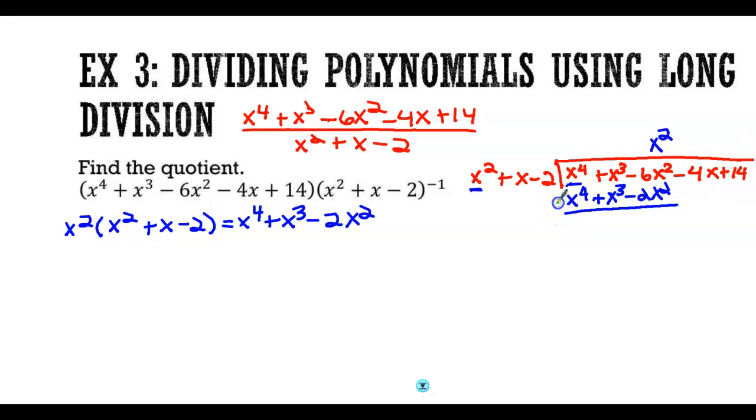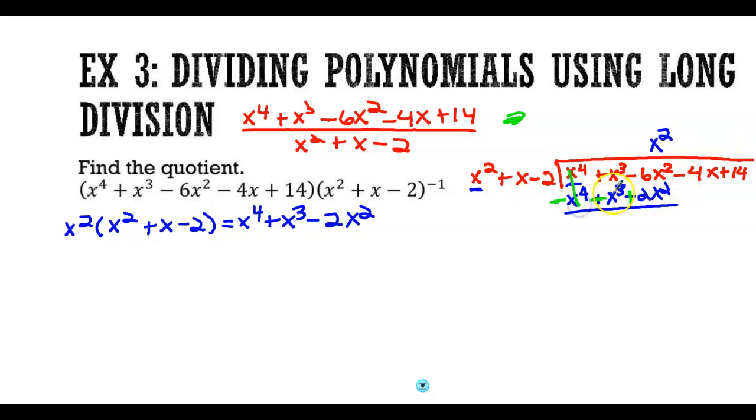So when I subtract, I'm going to subtract x to the fourth, and then I'm going to subtract x to the third. Subtract, subtract. And I'm going to subtract negative 2x squared, so that's really going to change to plus. All right, let's see what happens.